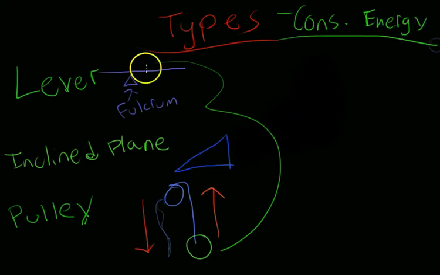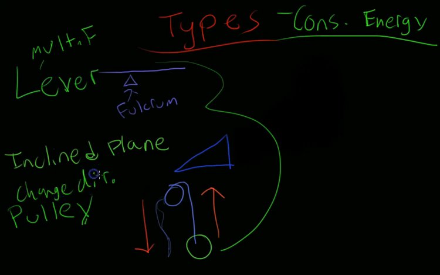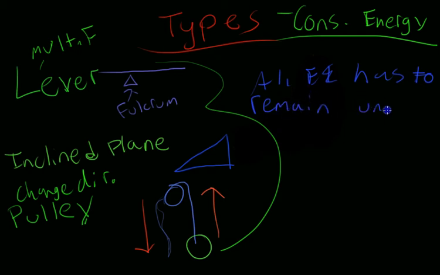So yes, the lever can multiply forces, and this can change direction. But inevitably, all energy has to be the same. Net energy has to remain unchanged. So that leads us to this equation.